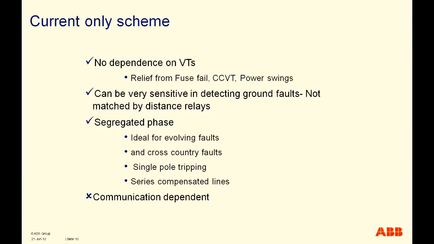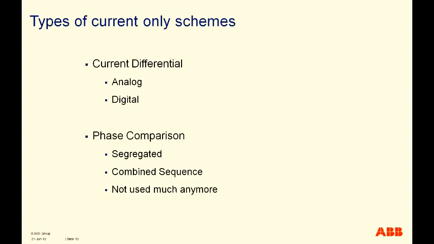But with the advancement we are making in communication technology, line differential protection is becoming more and more popular as compared to, for example, distance protection. But in high voltage or extra high voltage lines, both of these protection schemes are used, with the main as line differential protection and the backup as distance protection.